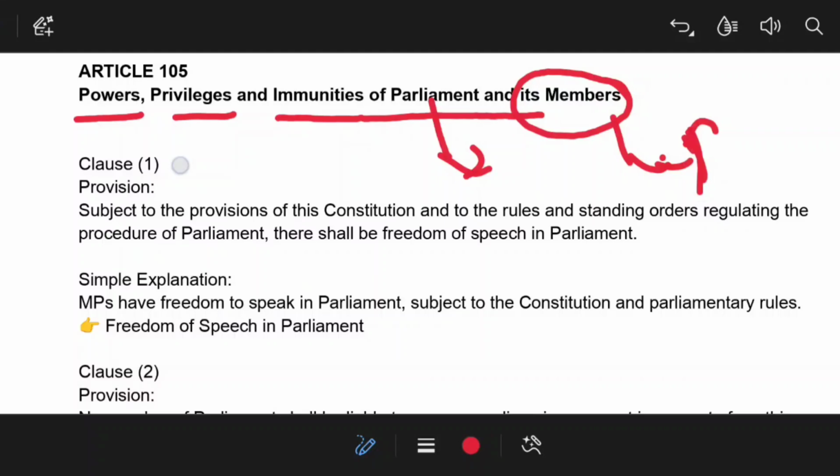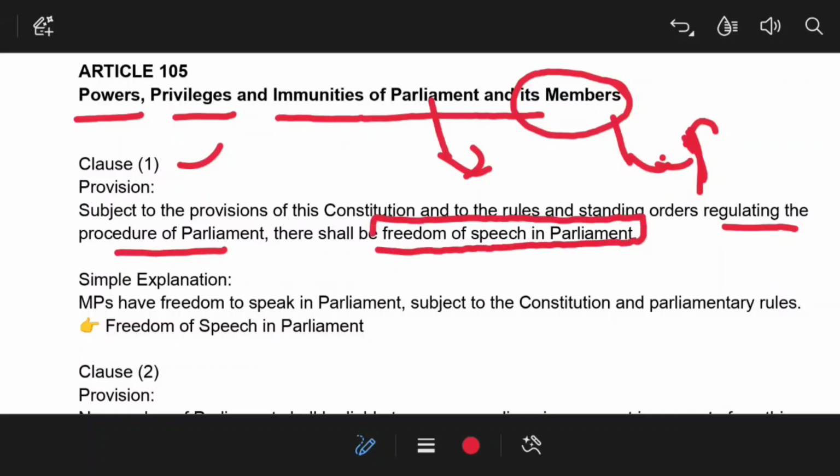Clear? So clause 1: subject to the provisions of this constitution and the rules and standing orders regulating the procedure of the parliament, there shall be freedom of speech in the parliament. Now just tell me, which article of the Indian constitution granted freedom of speech in the parliament to the members of the house? That is 105 clause 1. So MPs have a freedom to speak in the parliament, but that is subject to the constitution and the parliamentary rules.